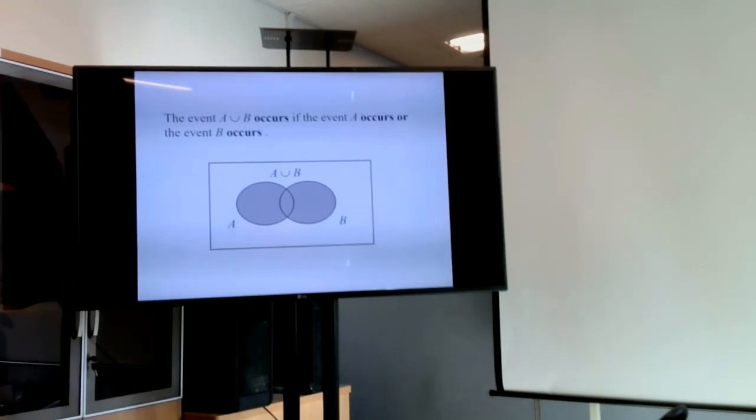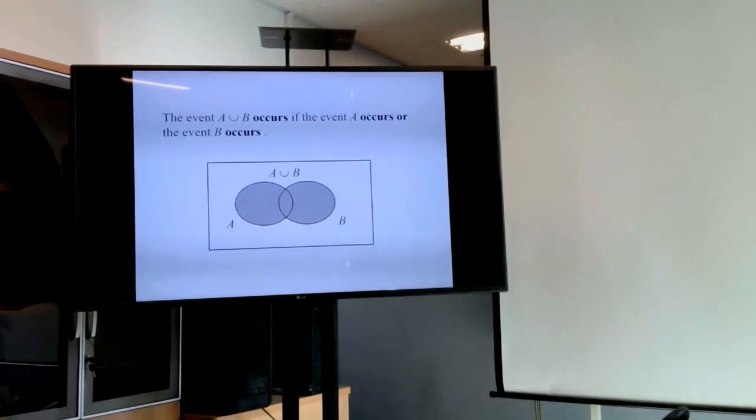The event A union B occurs if event A occurs or event B occurs.